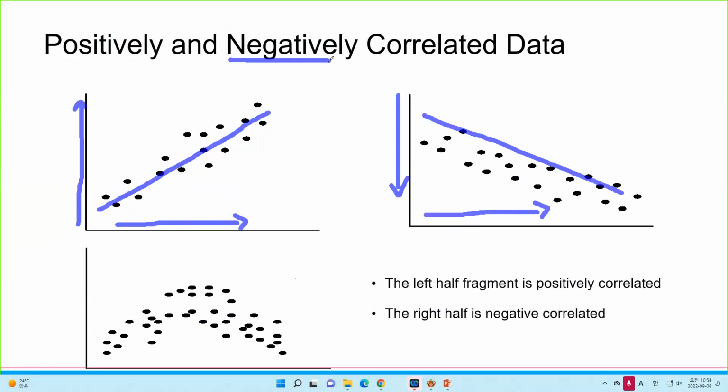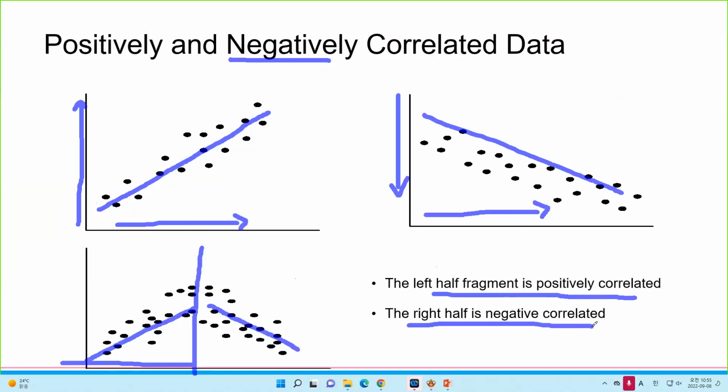But there can be a double correlation. In the first half it increases, but after half, it decreases. So the left half is positively correlated, and the right half is negatively correlated. It is also possible.